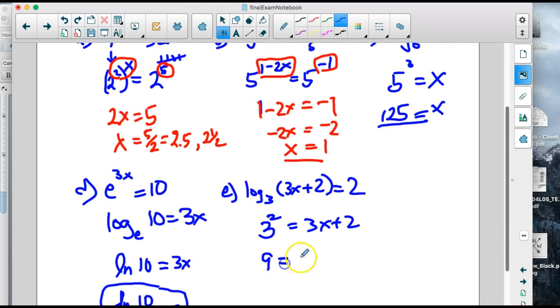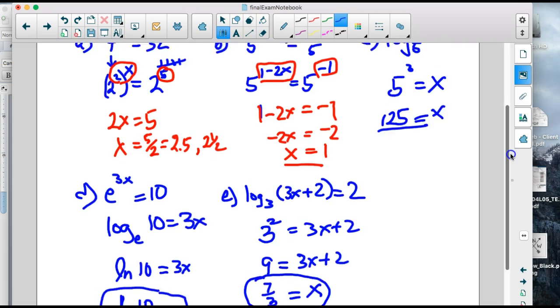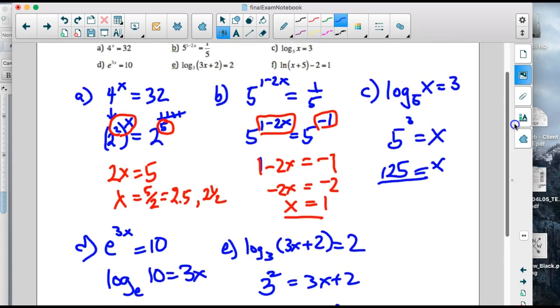We have 9 equals 3x plus 2. We subtract 2 and divide by 3. So if we subtract 2, we get 7, and we divide by 3, so it's 7 over 3 is the answer to this one. You can leave it like that, or you can write it as a mixed number, 2 and 1/3, but I wouldn't write it as a decimal. It doesn't come out to be a nice decimal like letter A.